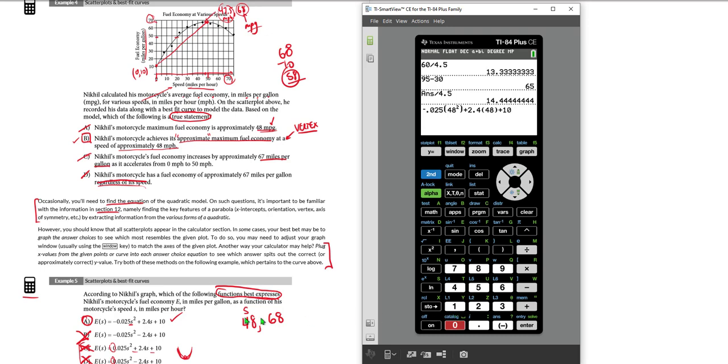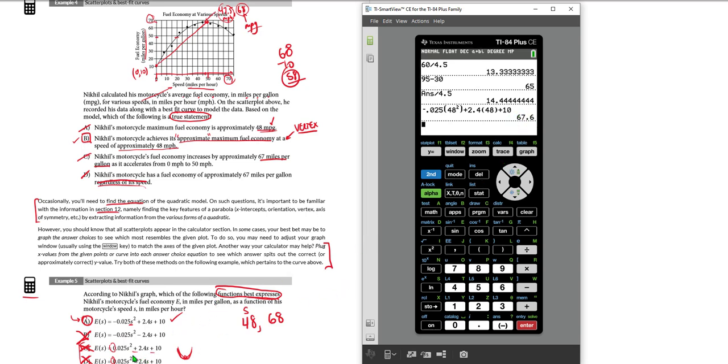So everywhere I'm seeing an S in answer choice A, I'm just plugging in a 48. If I hit enter and get something close to 68, I will know that answer choice A might be a good fit for this curve, and indeed I get 67.6.